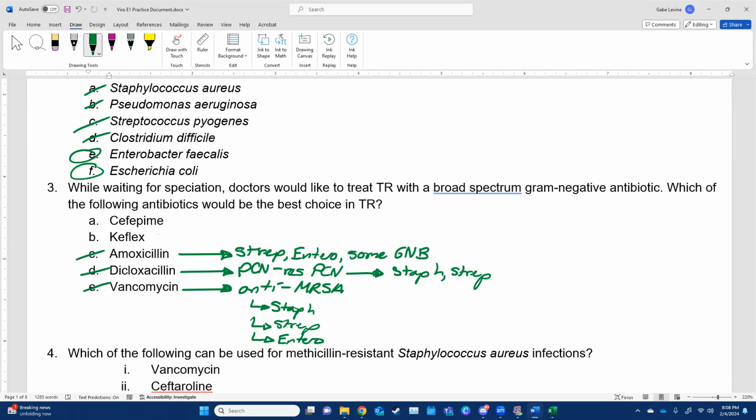But if we're waiting for speciation and the doctors told us that we want broad spectrum, are we going to rely on amoxicillin? Probably not, right? Does amoxicillin cover E. coli? Yeah, but we don't know if it's E. coli. We just know it's a gram-negative rod at this point. Could be Proteus, could be tons of other stuff, right? I can't think of them. Maybe Bacteroides. We don't know.